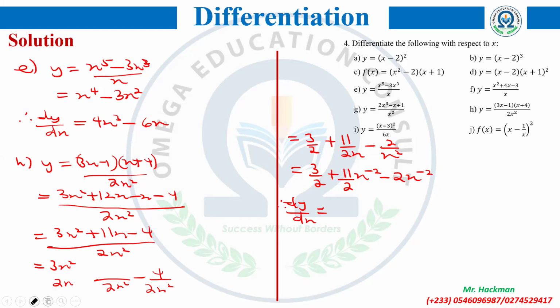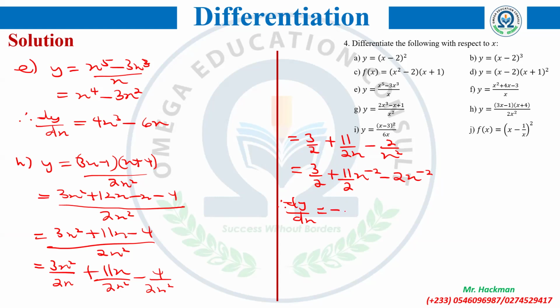Oops, what happened? I've cleared what I'm not supposed to clear. All right. So the negative 2 will come and multiply the 11, but the negative 2 and the 2 will cancel.